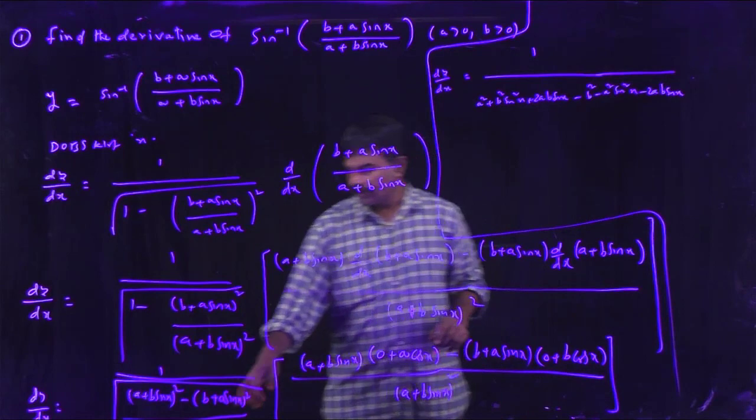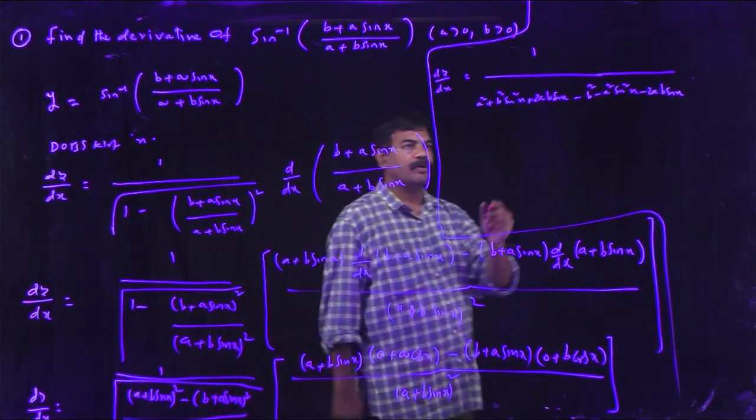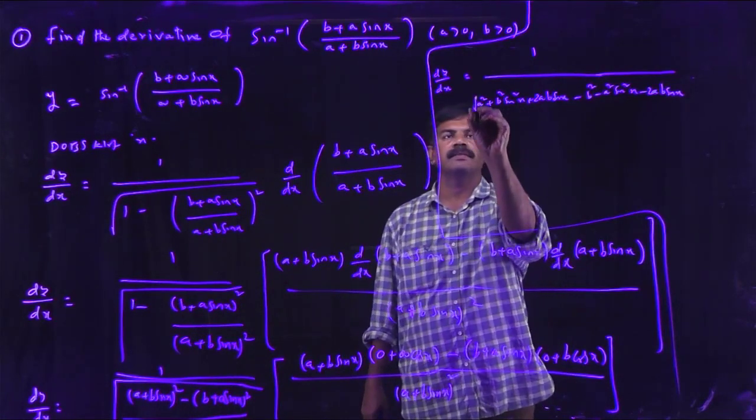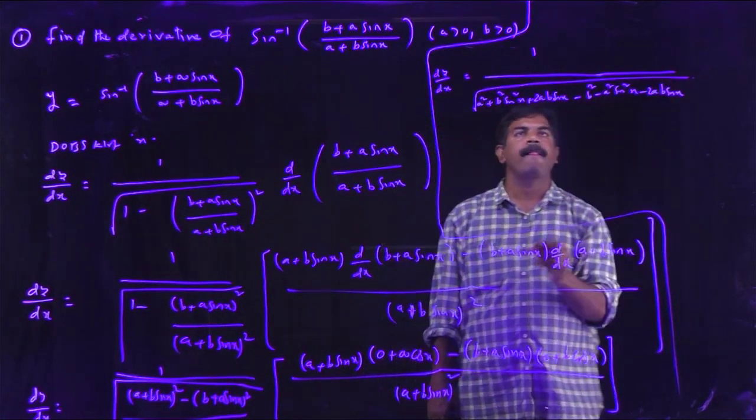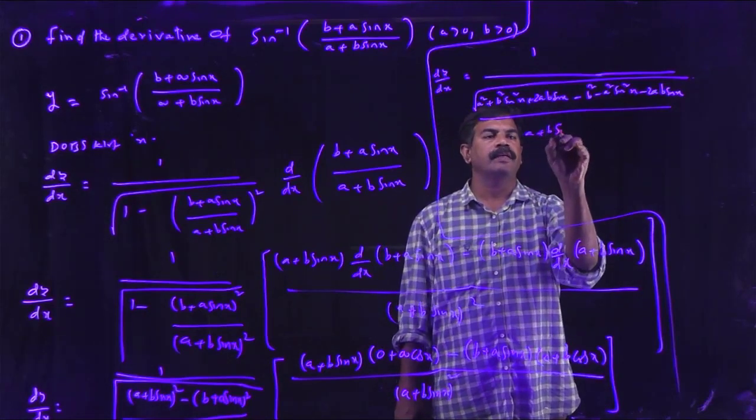This root of (a plus b sin x) whole square comes outside, that is a plus b sin x.